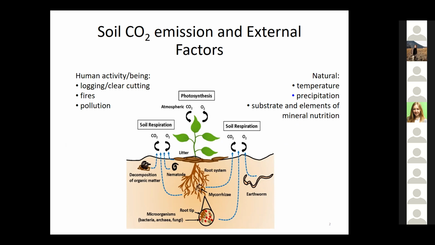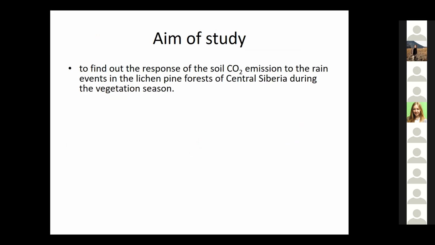But here we should also remember some external factors, which are human activity, such as logging, fires, pollution, and another type, natural factors: temperature, precipitation, substrate, or elements of mineral nutrition. And today we will try to understand how precipitation will change the soil emission in the forest ecosystem. So the aim of our study was to find out the response of soil emission to rain events in the lichen pine forest of central Siberia during the vegetation season.